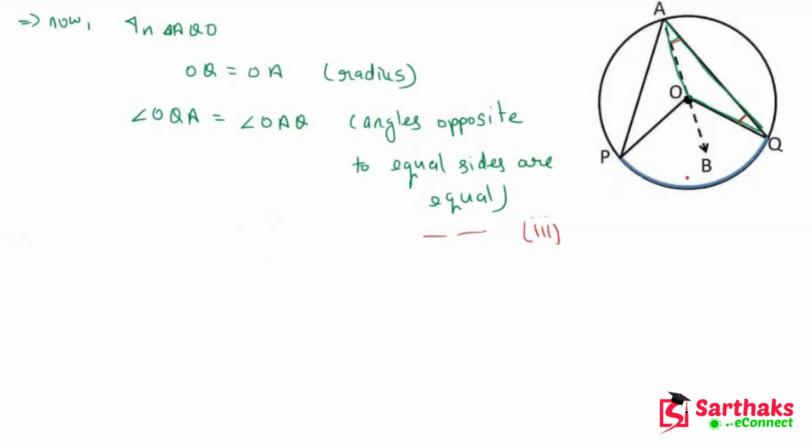Now again, by the exterior angle property, angle BOQ is the exterior angle of triangle AOQ.